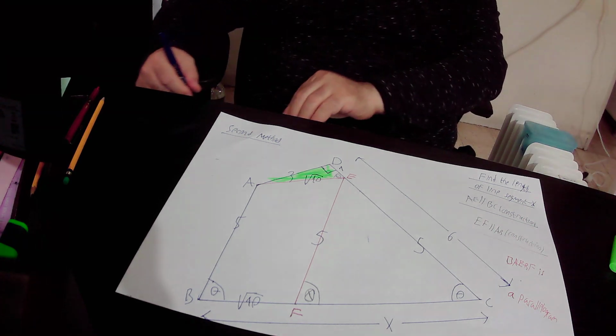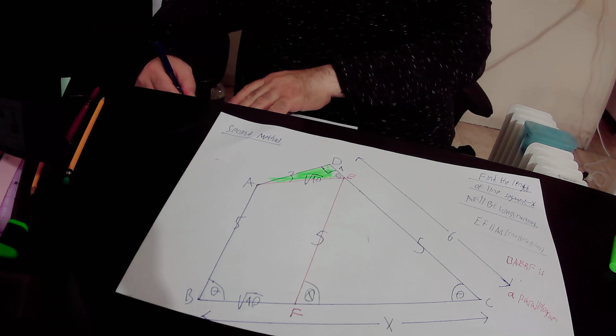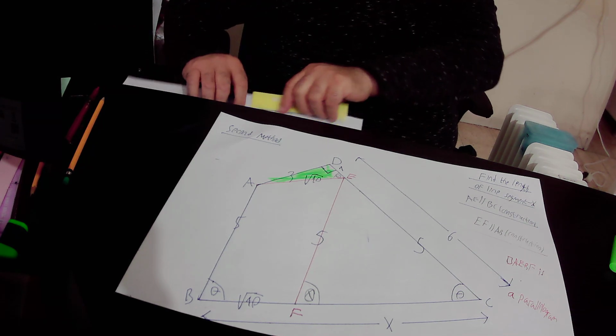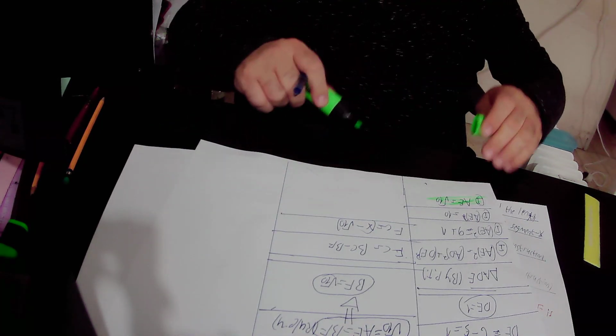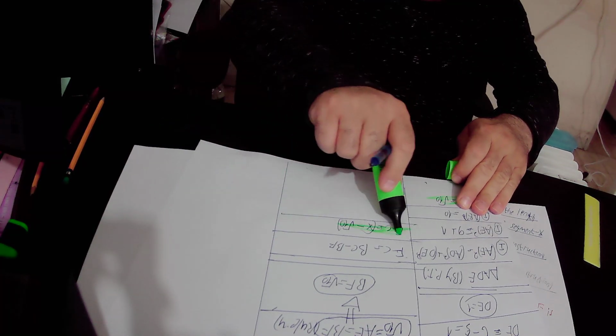So in conclusion, we found out that FC equals X minus the square root of 10 units.